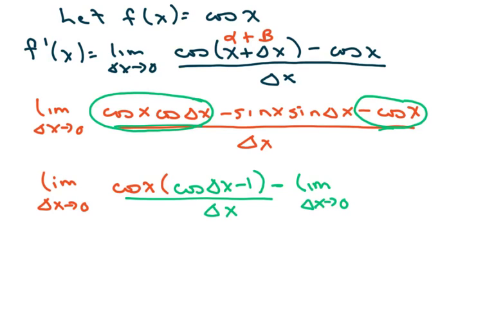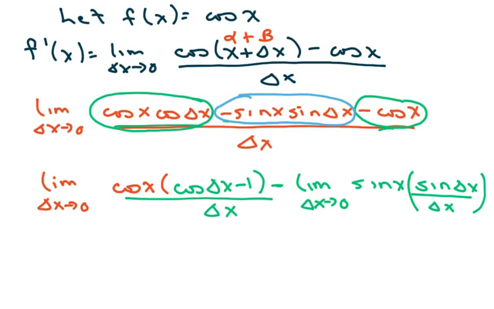Alright, and this is going to be sine of x times sine of delta x over delta x. So that's just this piece right in here. I just pulled it out. And the reason I did that again is because I know this equals 0.